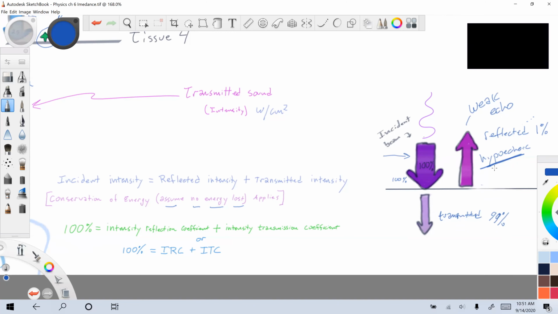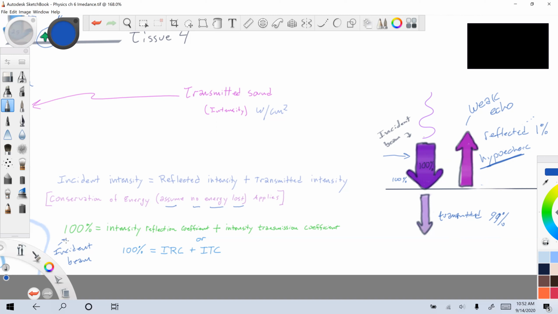Okay, so back over to here, this green here, 100% equals intensity reflection coefficient, ooh, that sounds scary, plus intensity transmission coefficient. When we say 100%, we really mean incident. Incident beam is always considered 100%.